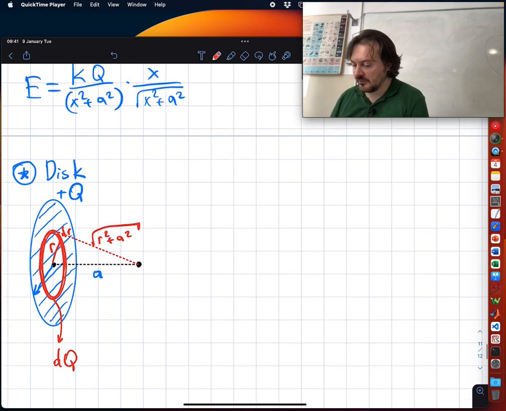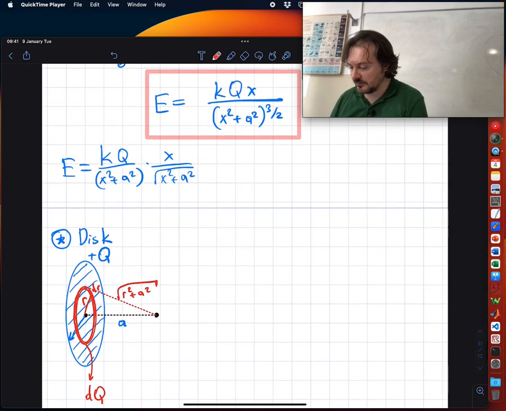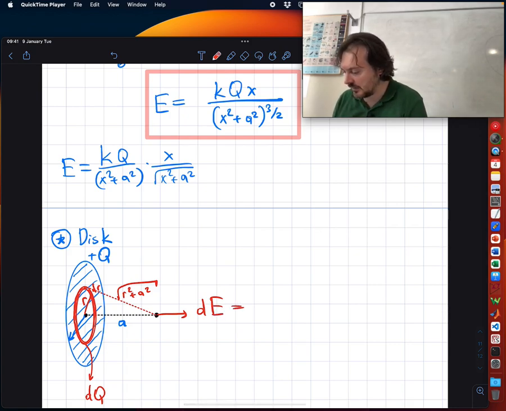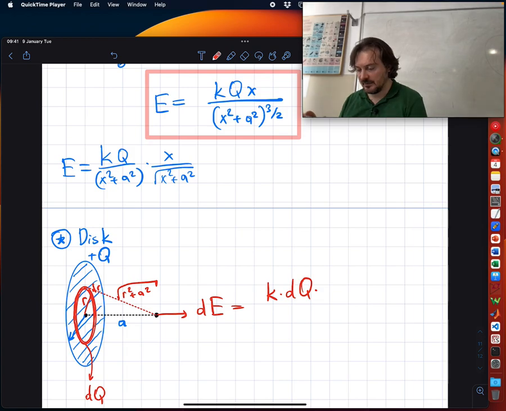And then I can simply use the formula above to figure out the tiny bit of electric field dE because of this dq, and it's going to be k times dq times, that's where you may get confused, but in the previous problem, this was x. So in this problem, it's going to be a, right?